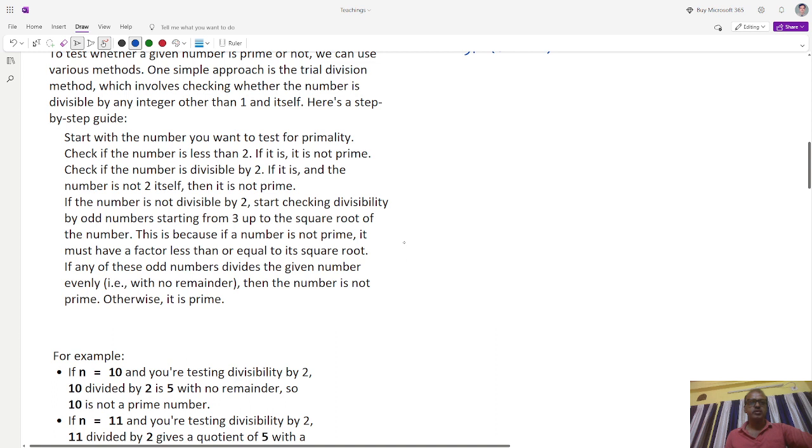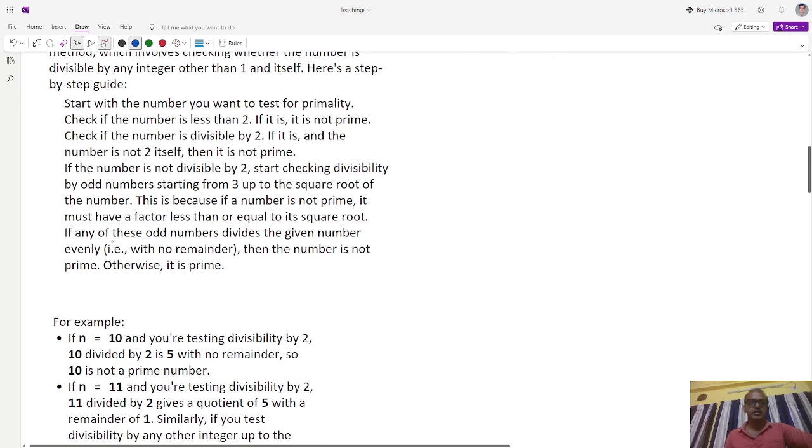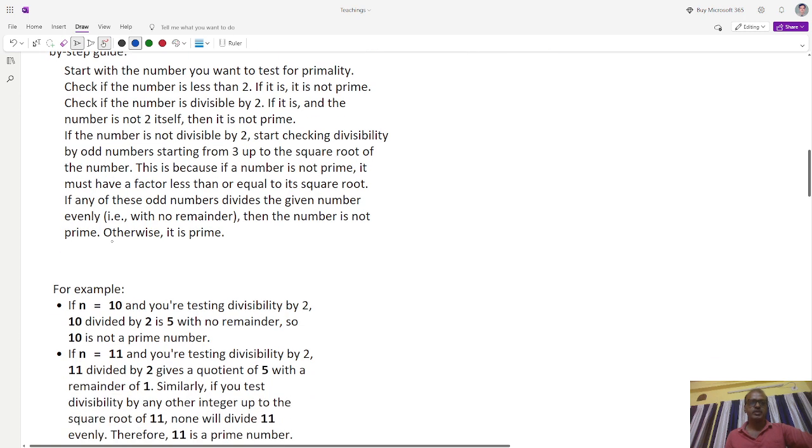That is, all even numbers are not prime numbers. If the number is not divisible by 2, start checking divisibility by odd numbers starting from 3 up to the square root of the number. This is because if a number is not prime, it must have a factor less than or equal to its square root. If any of these odd numbers divides the given number evenly, then the number is not prime, otherwise it is prime.